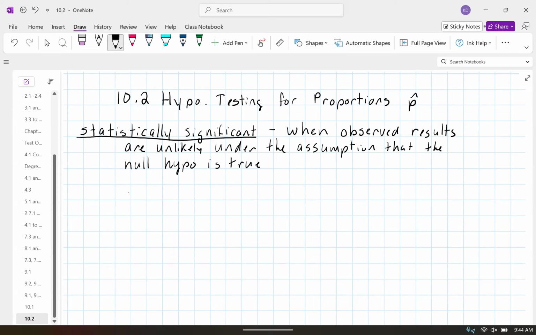So then when that happens, we reject the null. That's our H0.